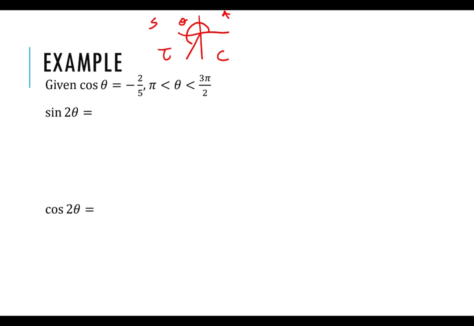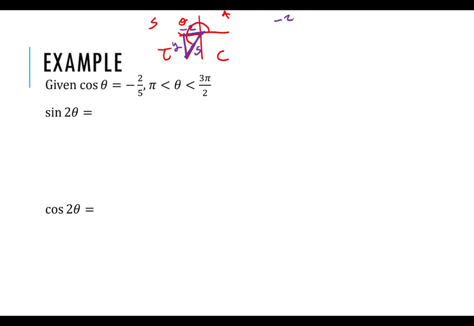Well, not only do I need to do that, but I can use the fact that cosine of theta being equal to negative 2/5 creates this nice triangle. And so then I know that I have a negative x value, so that's going to be negative 2, and my radius is 5, and then I can find the y value via the Pythagorean theorem.